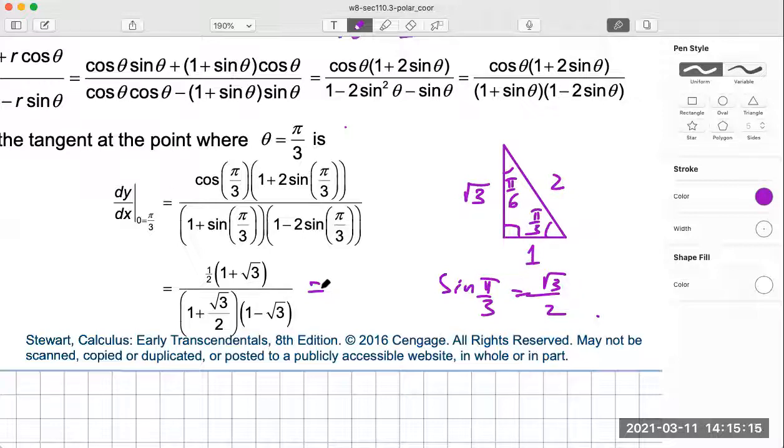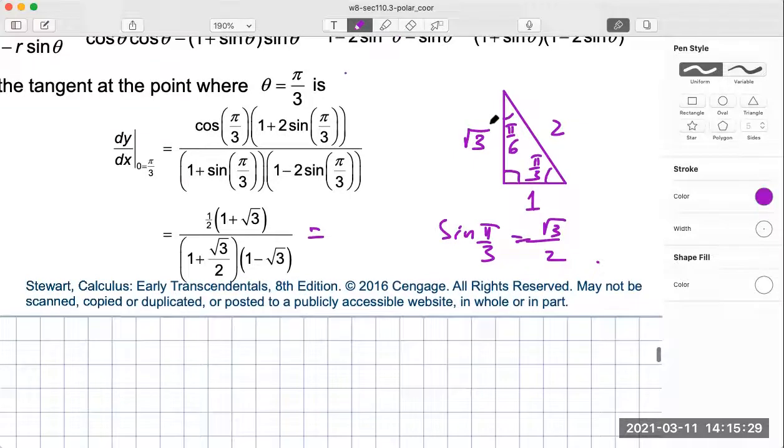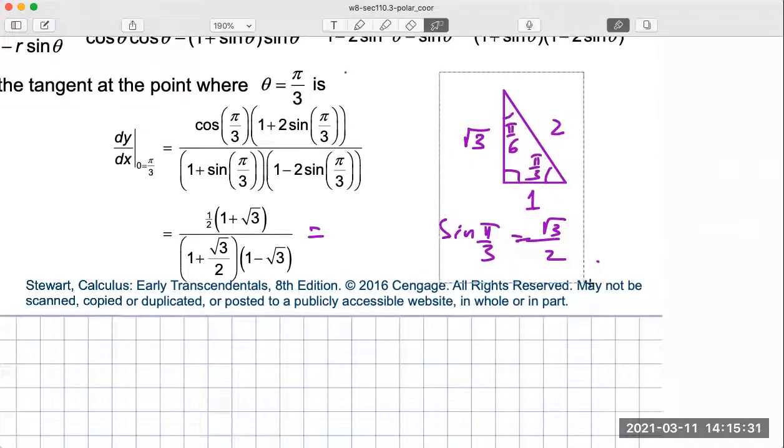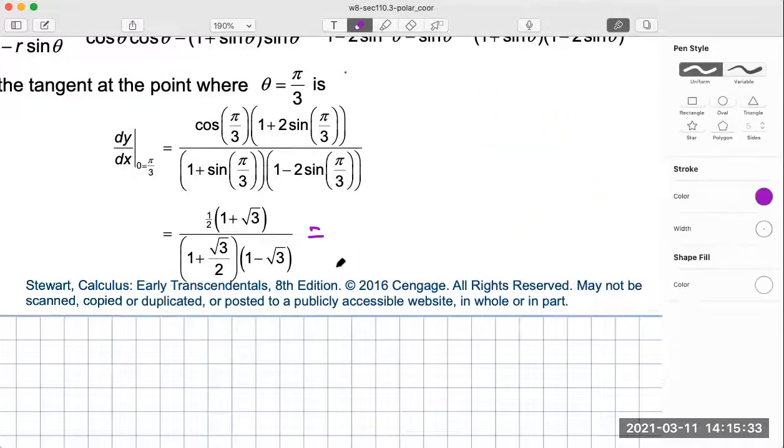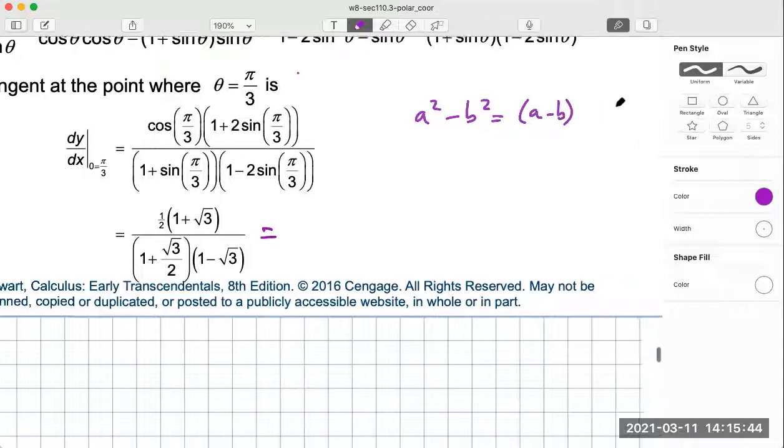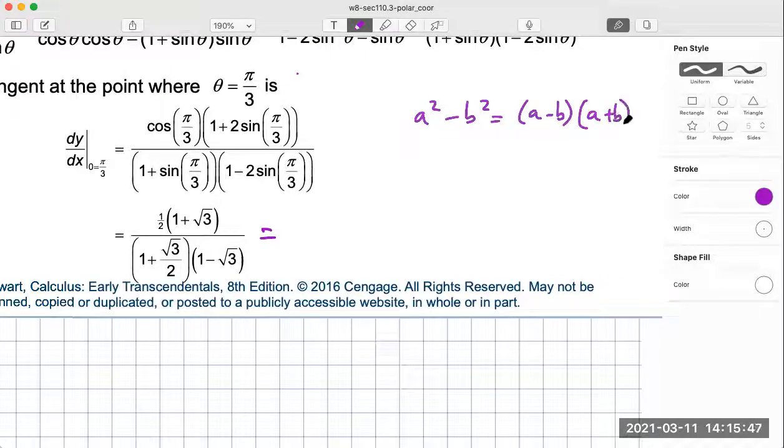At that point, we can do it together. So how can we simplify this fraction? Remember, a squared minus b squared is a minus b times a plus b, right?